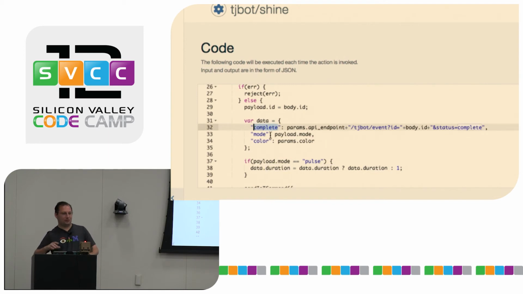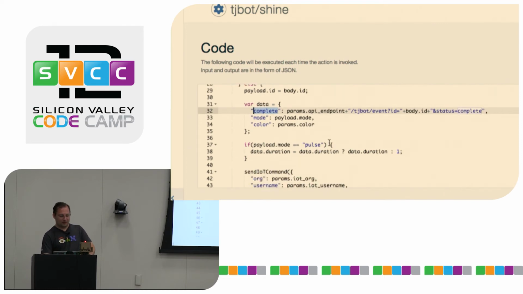And then I have a complete action. So when the TJBot finally finishes whatever it's being commanded to, it posts extra data. There is a limit to the payload size that your IoT events can publish. So I just expose another cloud function that will be executed at whatever point the data comes in.